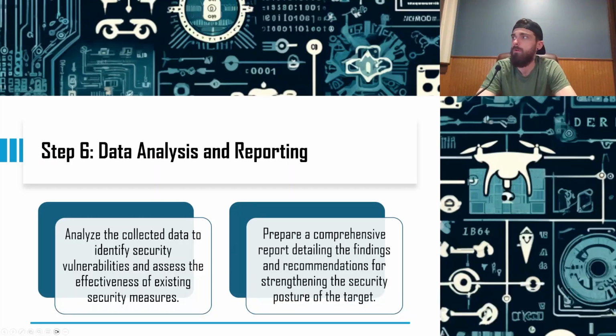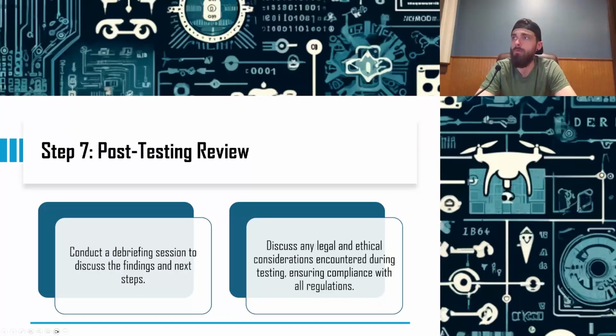And then once all of that is done, we get into post-testing review, which is a debrief of the operation with anybody that is privy to that information. And then with that, we want to make sure that everything was legal, it was ethical, that it was within scope, we found vulnerabilities or we didn't, and if we did, what are the next steps?